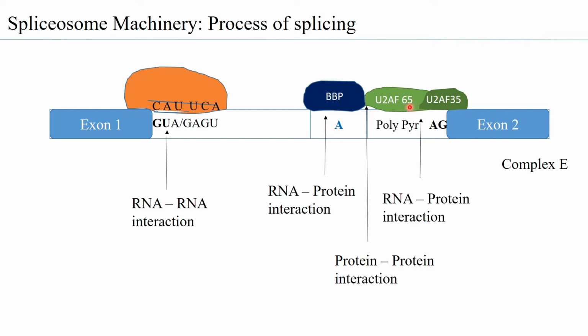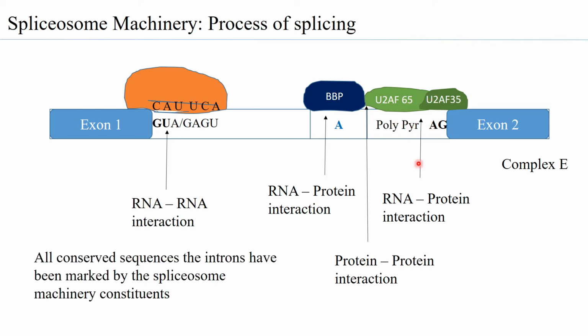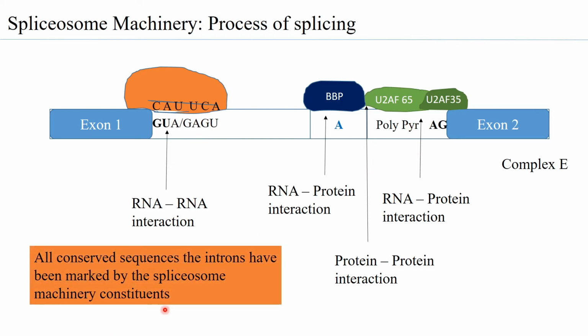While here, this is typically an RNA protein interaction where the RNA, that is the intron, is interacting with amino acids of the U2AF to form an interaction. So all these conserved sequences that the introns have are being marked by the splicing machinery constituents. This is significant. This is very important as a start point of the splicing mechanism.